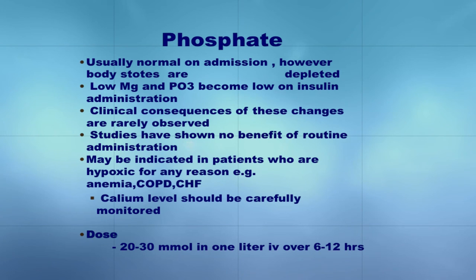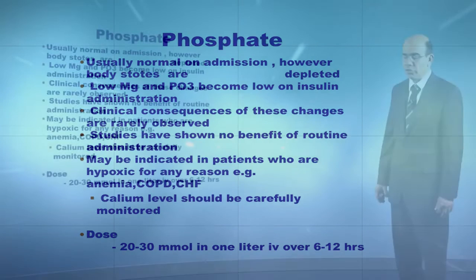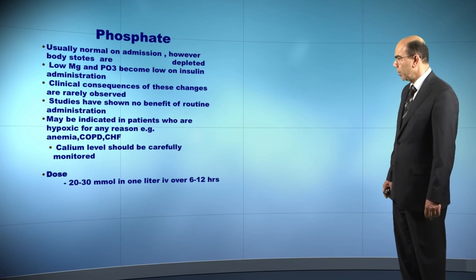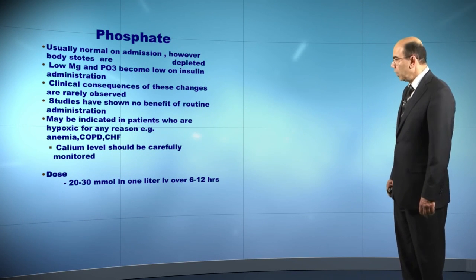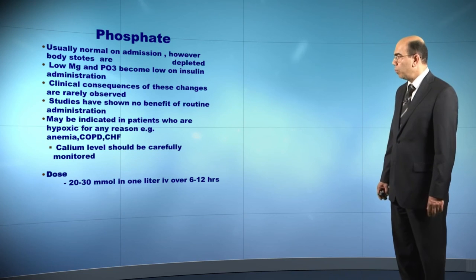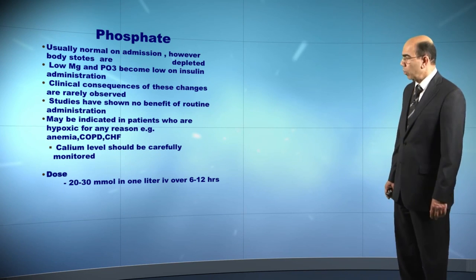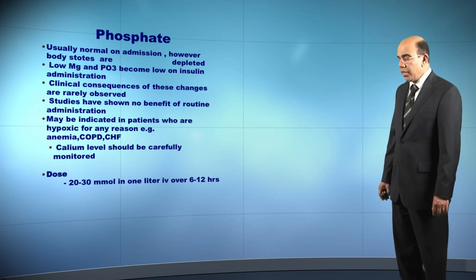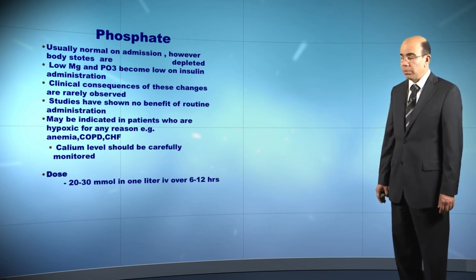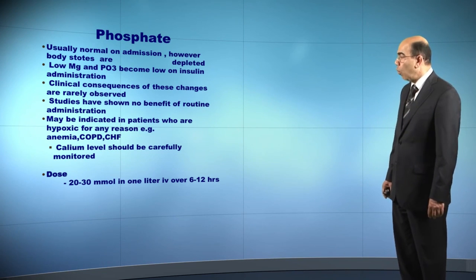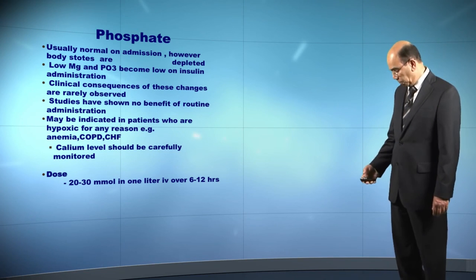In fact, phosphate level will become normal once the patient starts feeding. But they may be required in patients who are hypoxic for any reason, such as anemia, COPD, or CHF. The dose we use is about 20 to 30 millimole in 1 liter over 6 to 12 hours.